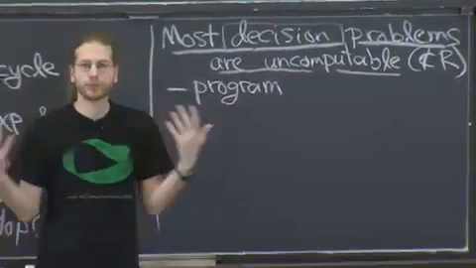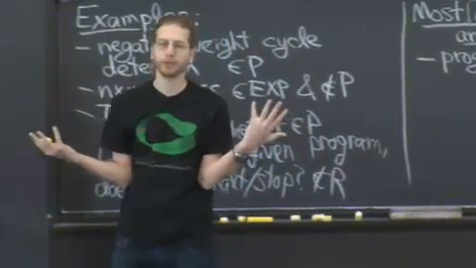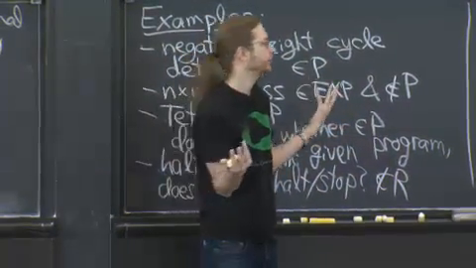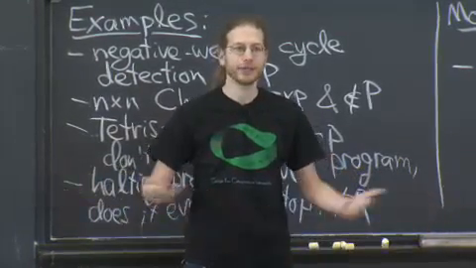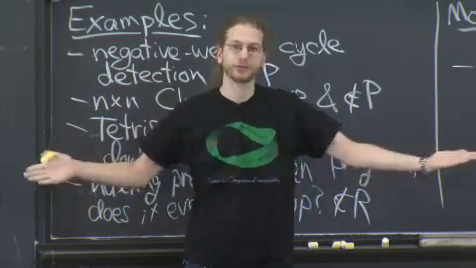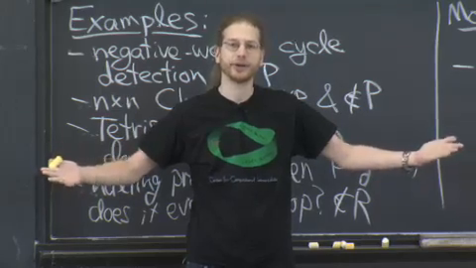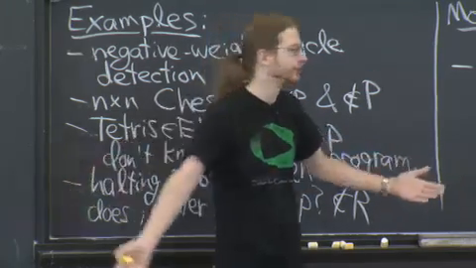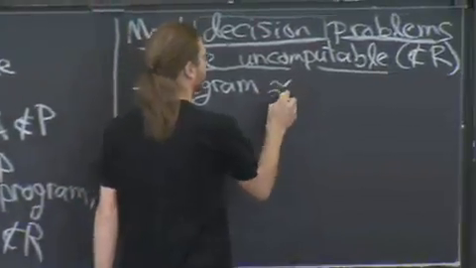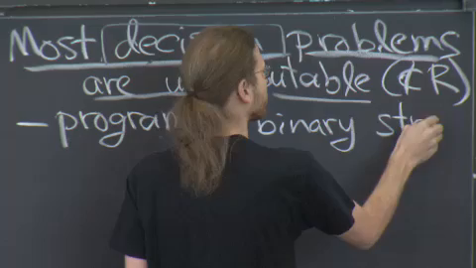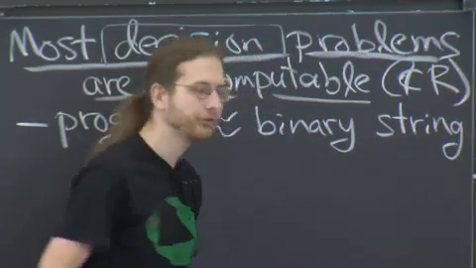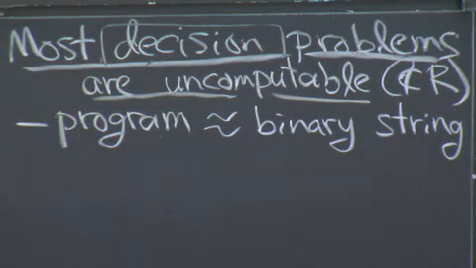How can I think about the space of all possible programs? Well, programs are things you type into a computer in ASCII, whatever. In the end, you can think of it just as a binary string. Somehow it gets encoded in binary, right? Everything is reduced to binary in the end on a computer. Now, you can also think of a binary string as representing a number in binary.